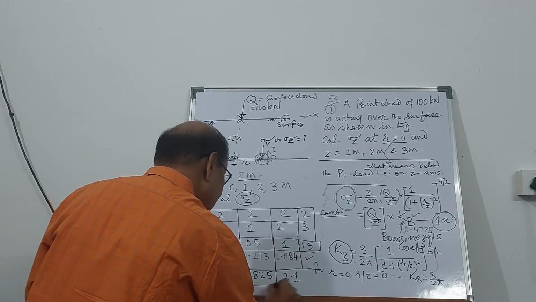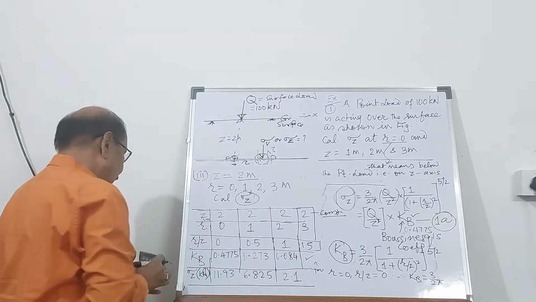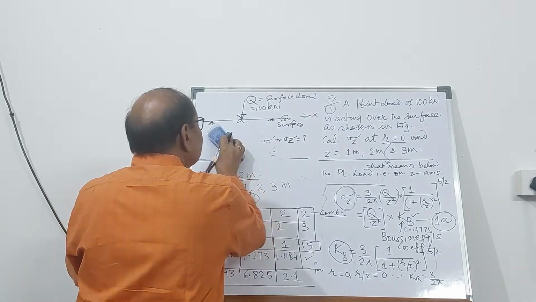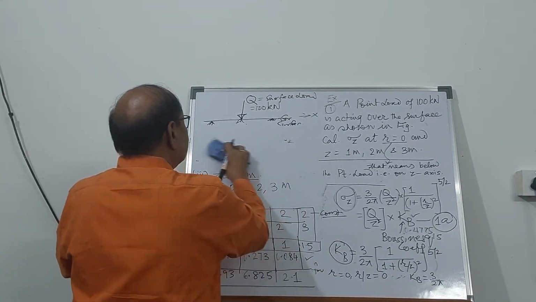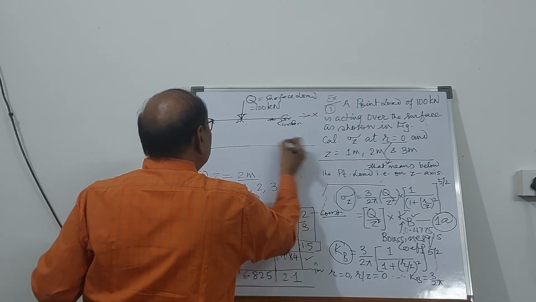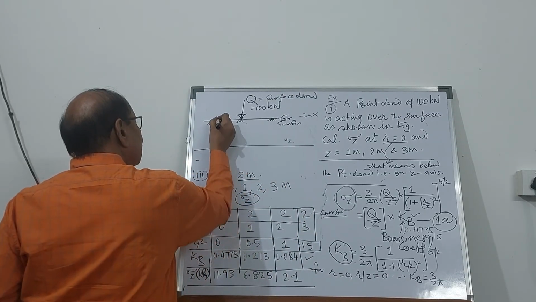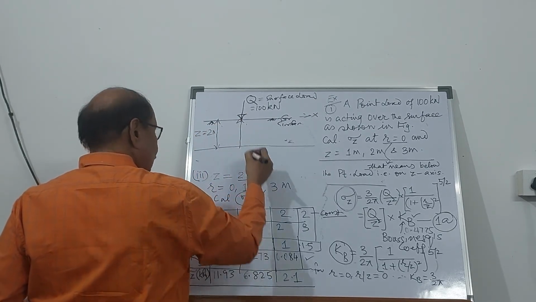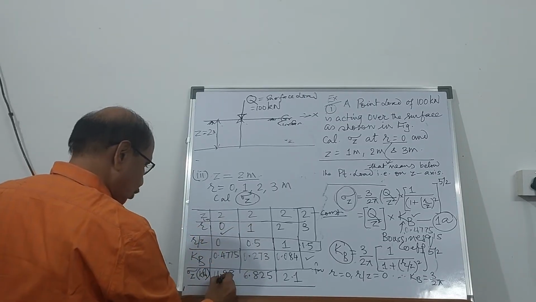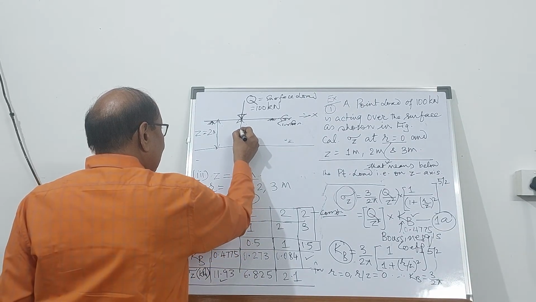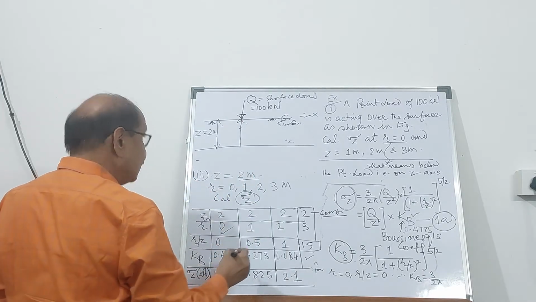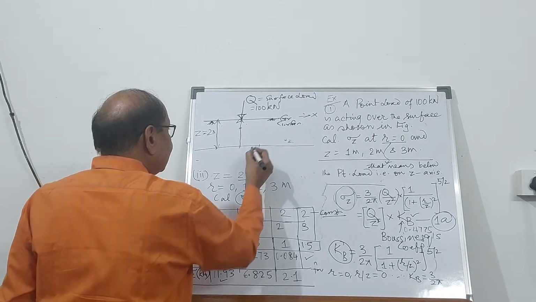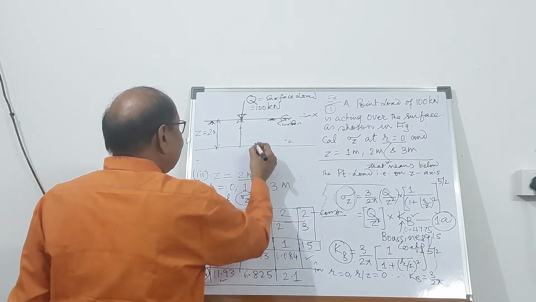So if you plot it, the variation is very important, you see. At z equal to 2 meter, there is r equal to 0. At r equal to 0, the value is 11.93, almost 12. So somewhere here. As you go away, that is r equal to 1 meter, the value becomes 6.8, almost half.